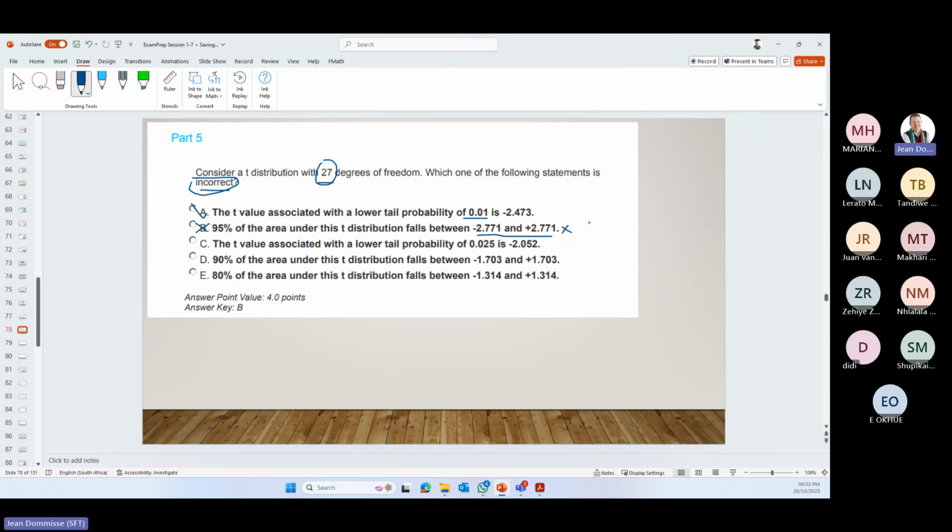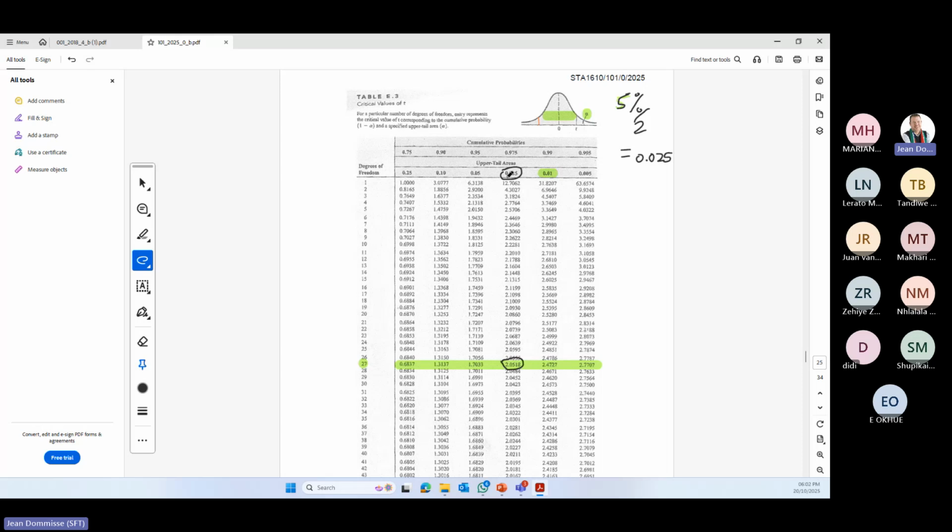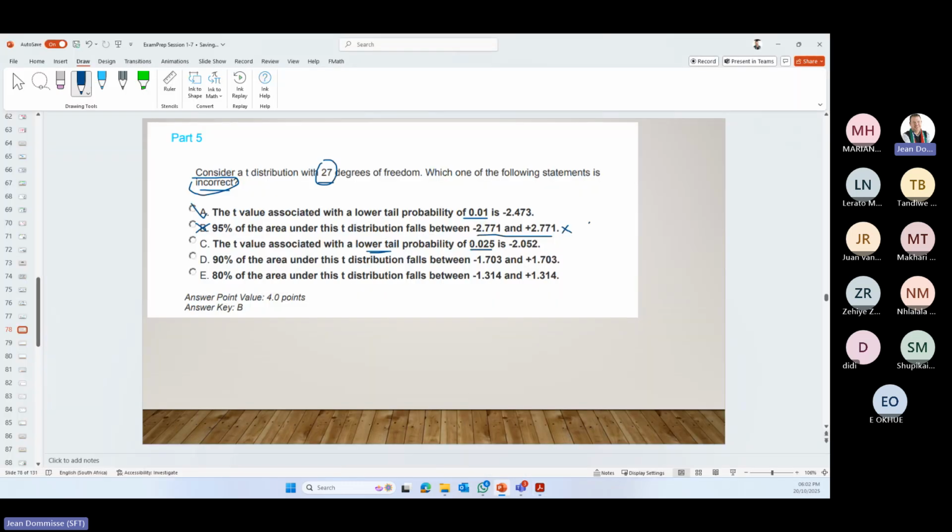But let's just check all the others as well, I think it's important. The t-value associated with a lower tail of 0.025, that is what we just had. So it will be 2.052 but negative, so negative 2.052, which is correct.